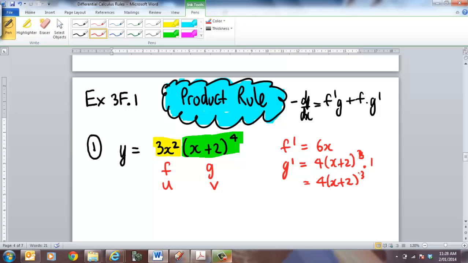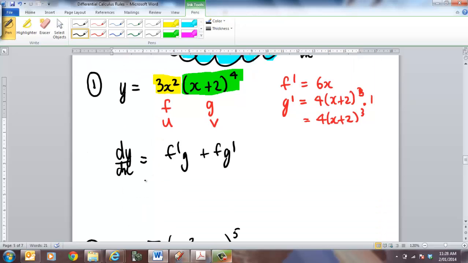Alright, so now all I have to do is apply that in terms of my function. So my dy/dx is equal to f dash g plus f g dashed. And so in this particular case, it's going to be equal to 6x times by g, which is simply (x+2)^4, plus f of x, which is 3x squared, times by g dash, which is 4(x+2)^3.